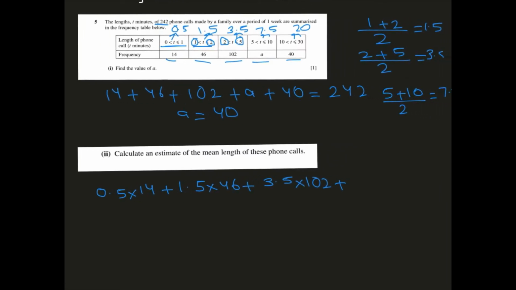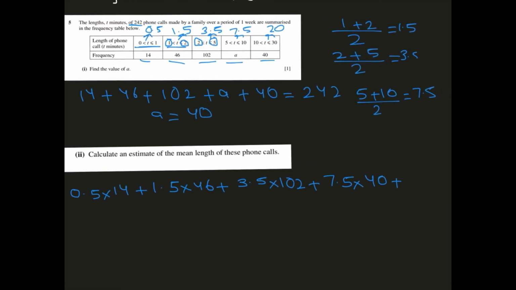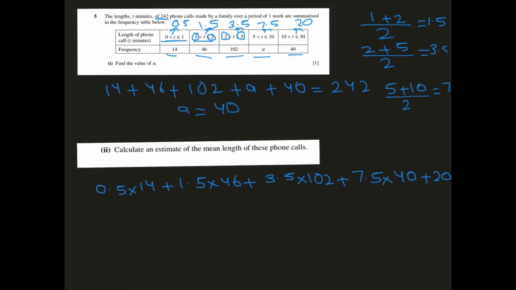Then 7.5 with frequency A, and since A is 40, we multiply by 40. Then the midpoint 20 with frequency 40 again. And then we divide this whole thing by 242, which is our total frequency.